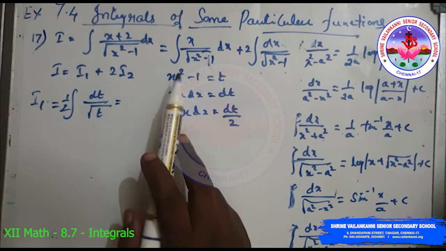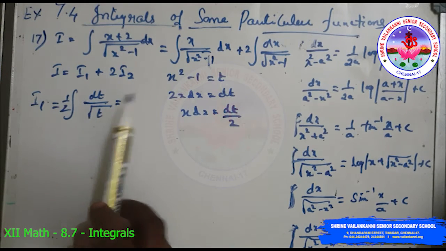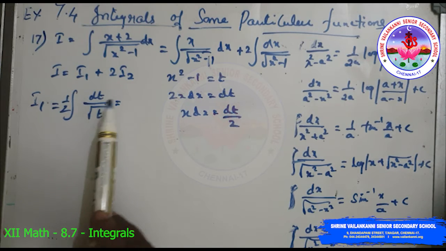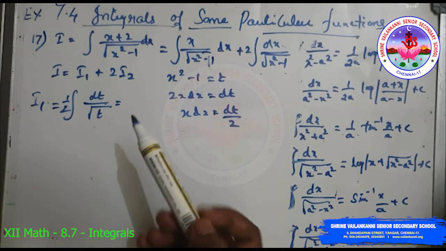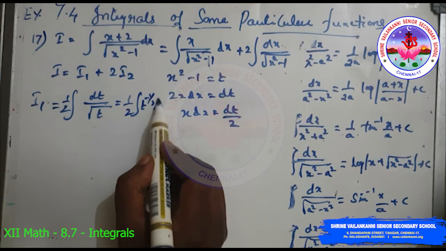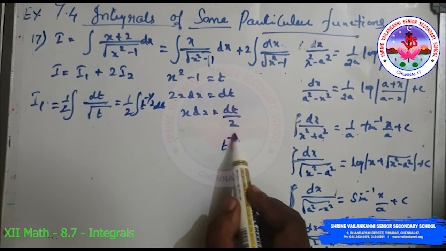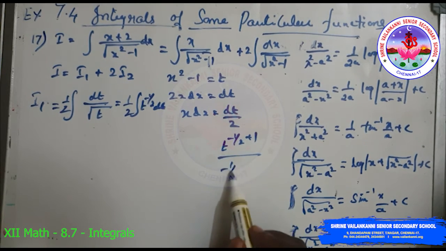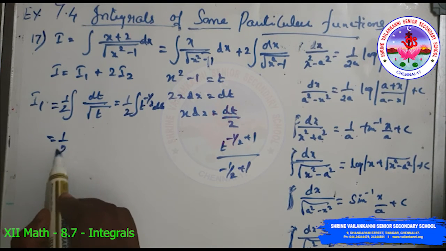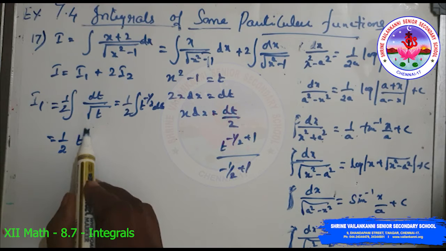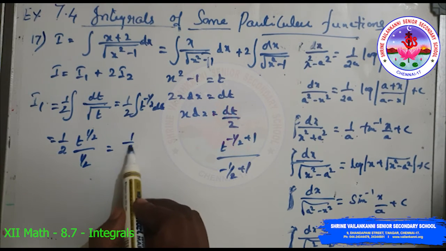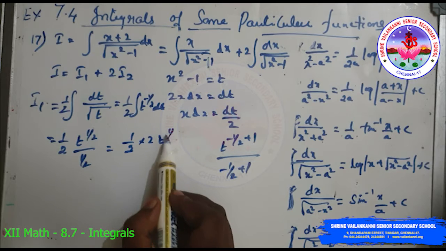So first we are going to integrate I1. I1 equals, so x dx is dt by 2, so half of dt by root t. So half of t power minus half dt. So using the formula, t power minus half plus 1 by minus half plus 1, so 1 by 2 into t power half by half, which is equal to 1 by 2 into 2 into t power half.